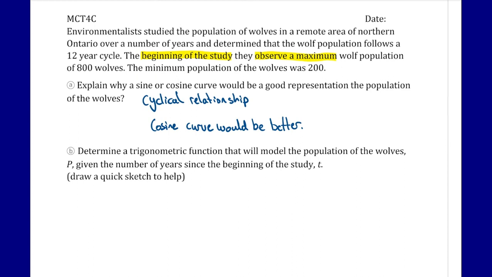And a cosine curve starts at the maximum, or it could start at the minimum if we flipped it. But because this starts at the maximum, it is going to be a little bit easier. We're not starting at the midline like our sine wave.